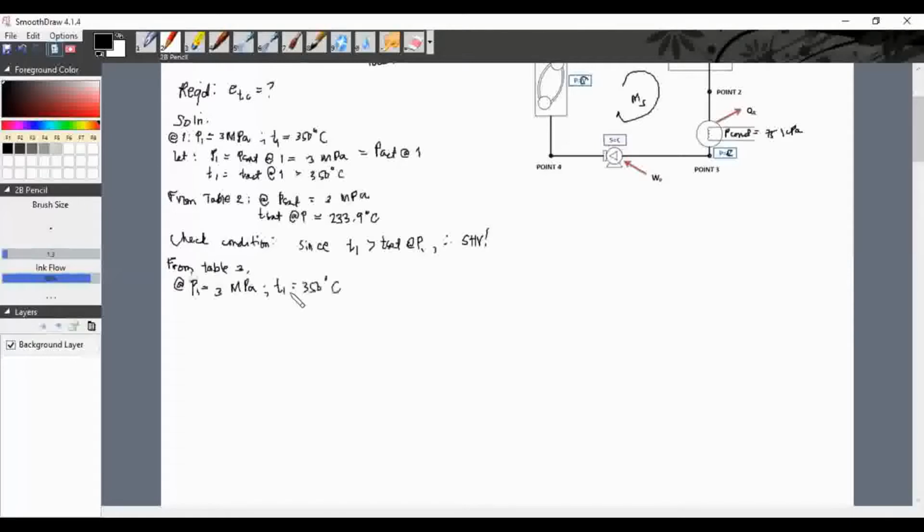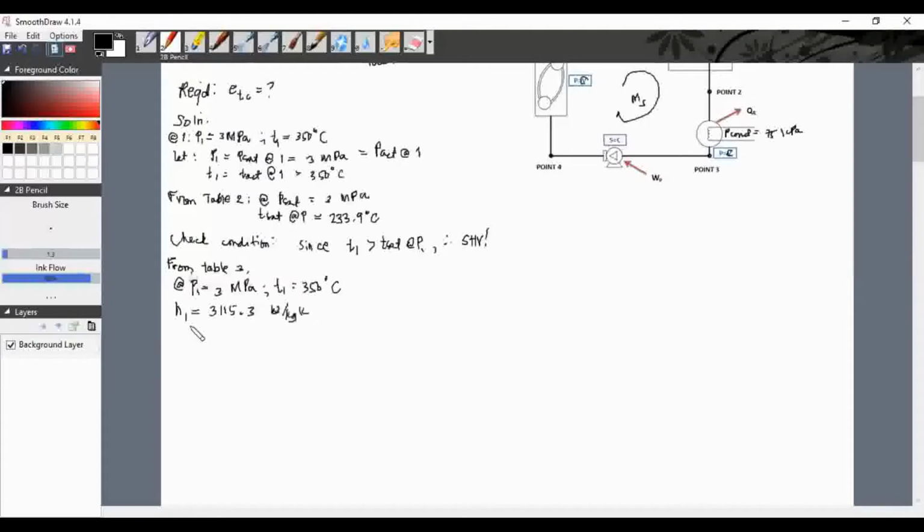So check mo, meron ba daw steam tables, table 3, na merong 3 megapascal at saka 350. So meron kang makikita. So kunin ko yung value ng H and S. So you have enthalpy 1 is 3,115.3 kilojoules per kilogram.